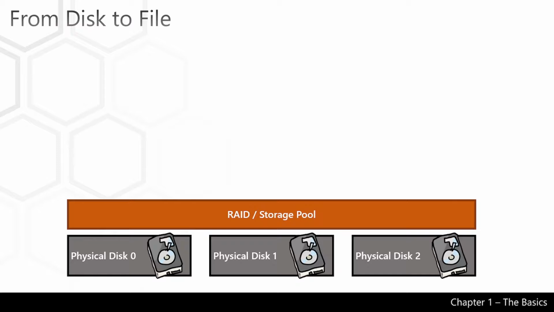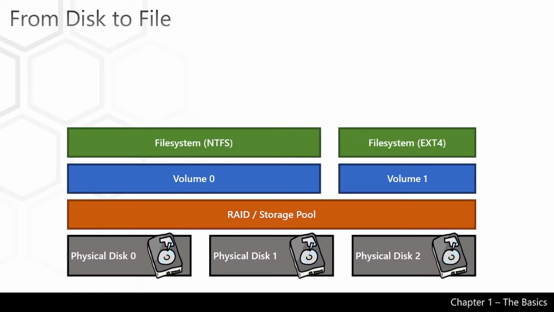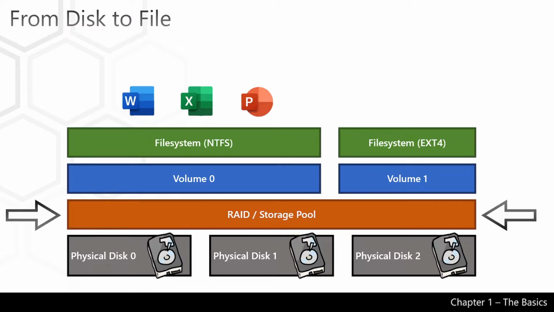A layer above that is your storage pool or your RAID, and above that there is one or more volumes, each of which will have a file system. And on this file system you will store your files. In this episode we're having a look at the RAID or storage pool layer. If you're interested in learning about the other layers, leave a comment below the video and I will have a look into that as well.